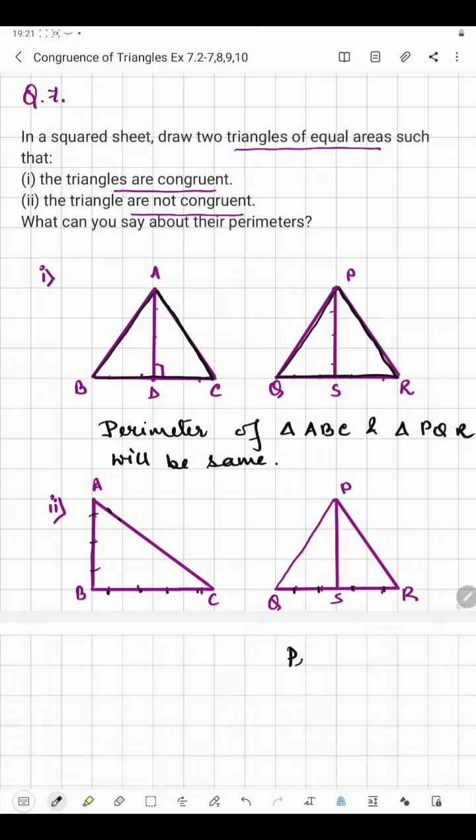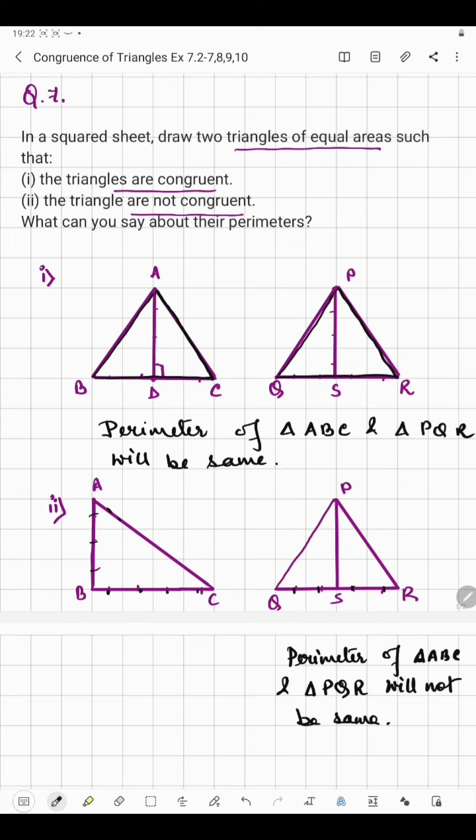So we will write perimeter of triangle ABC and triangle PQR will not be same.